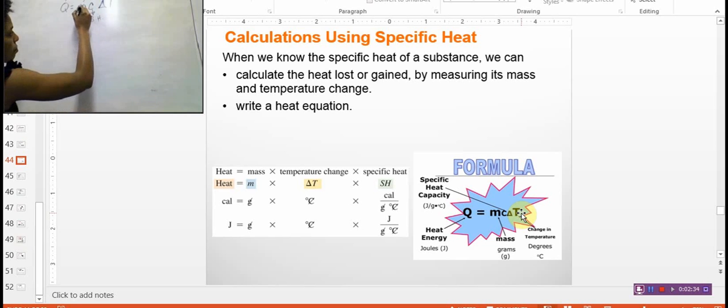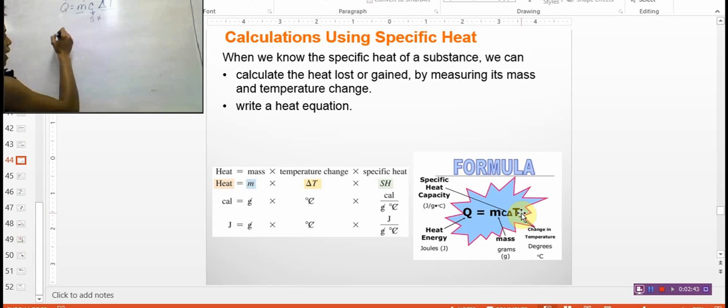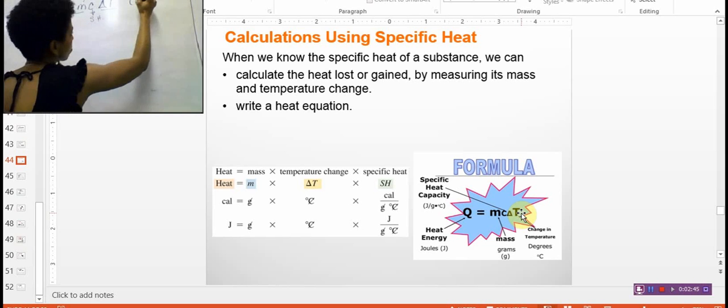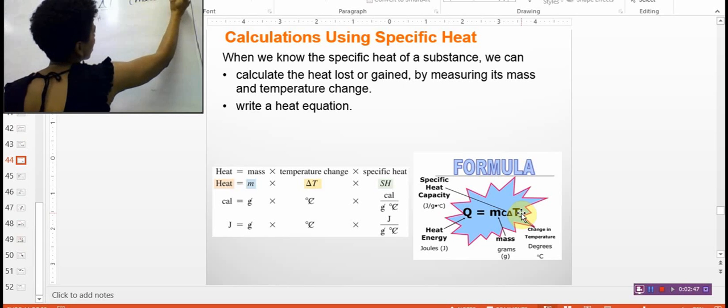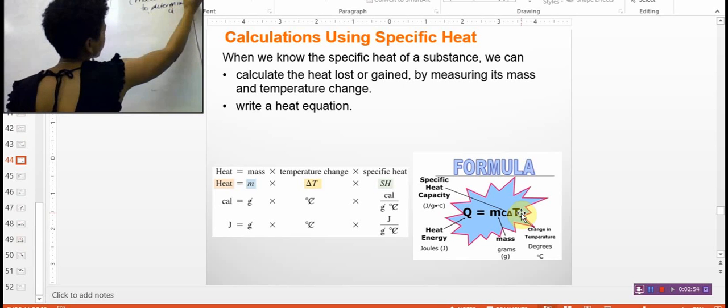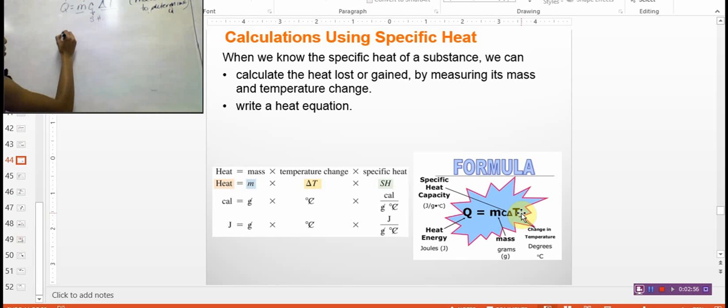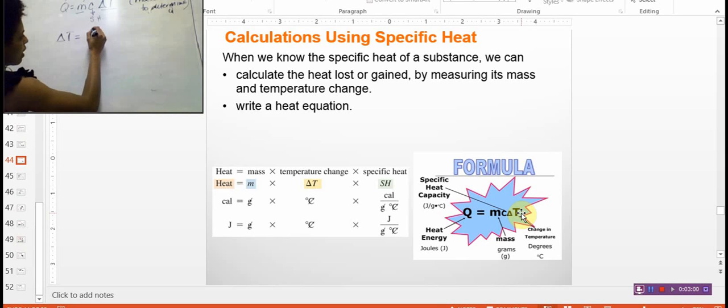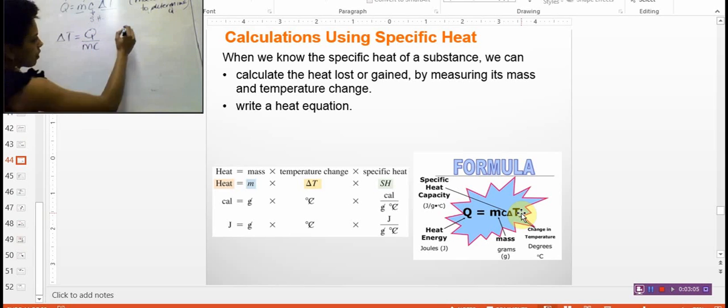If I have the mass and the change in temperature, I can determine the specific heat. I'm sorry, the amount of heat lost or gained. Here I need the mass and delta T to determine Q. I could also find out the change in temperature if I had the mass and the specific heat.